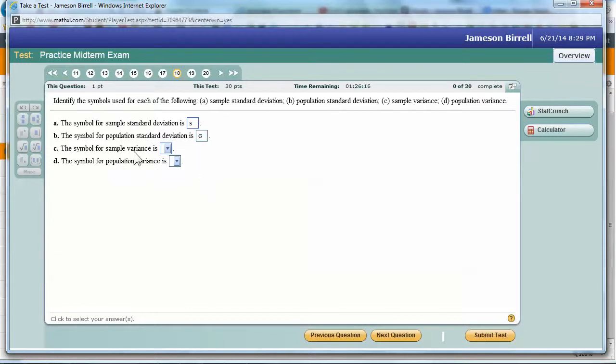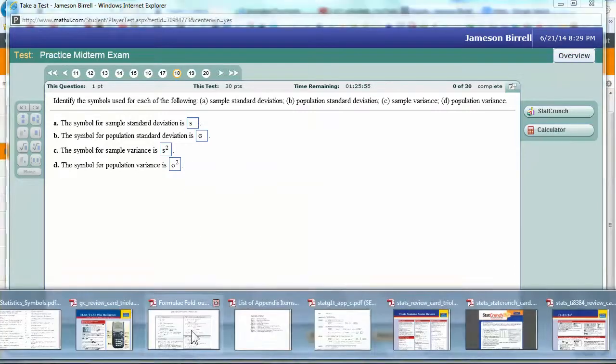The symbol for the sample variance, well, the variance is the thing inside the square root before you actually apply the radical. So it's going to be s squared for sample, or sigma squared for population. So once you get down one of these, you should have the other one down.